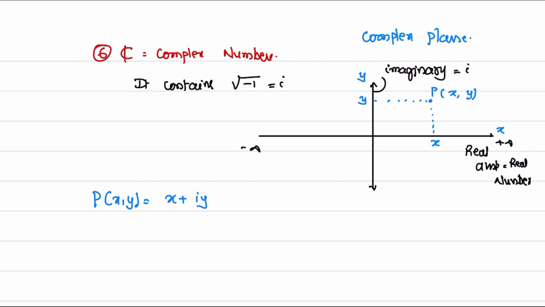This is the representation of any complex number. If y is 0, then the whole number is a real number. When x is equal to 0, then the number is an imaginary number.